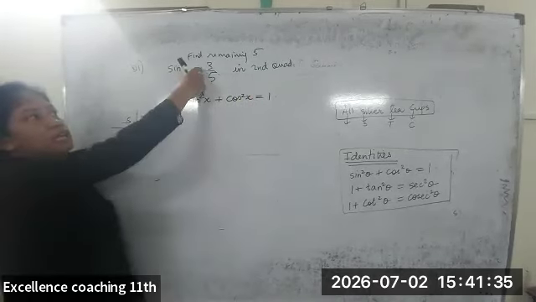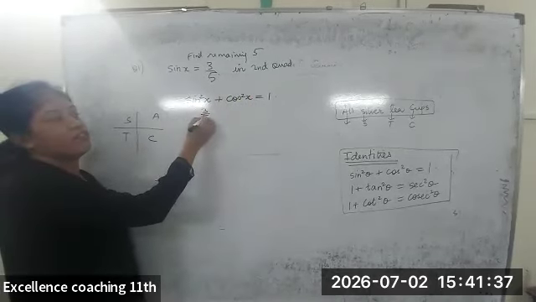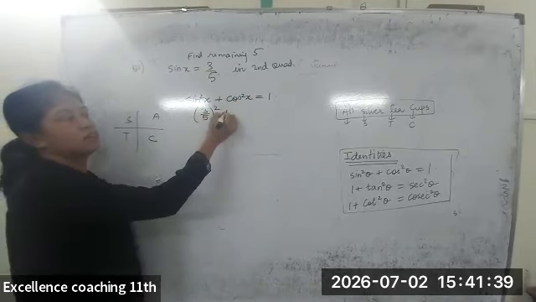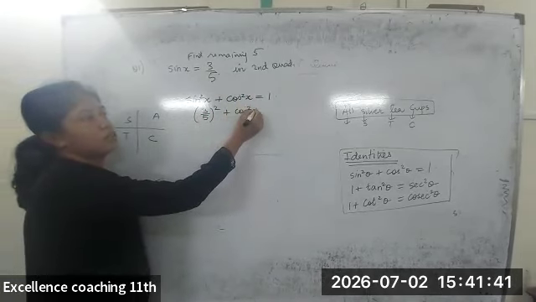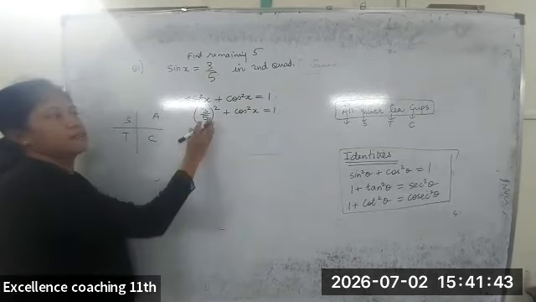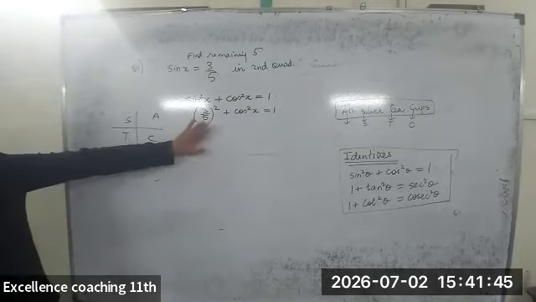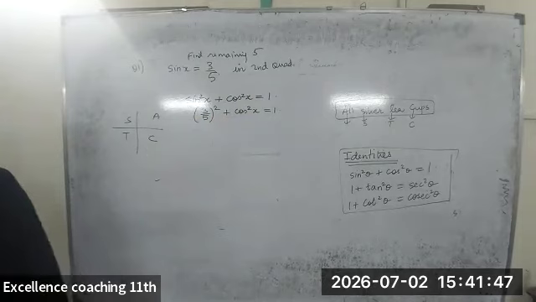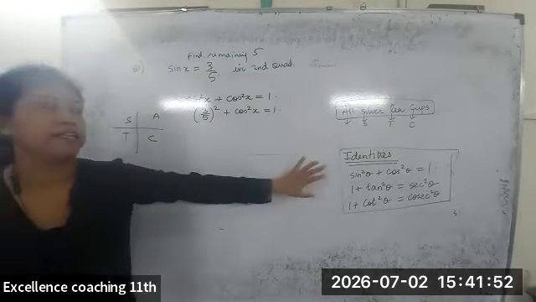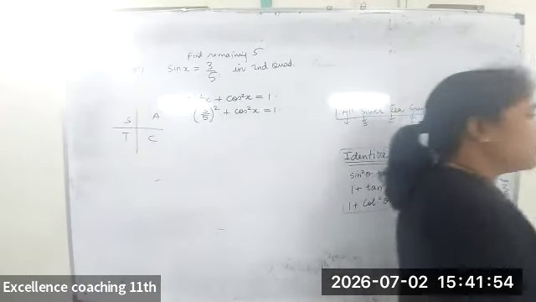Okay. So what is sin x given to us? Substitute 3 by 5 square is equal to cos square x. Now square this. Start solving. As you solve, you'll understand. Write the first identity. Both the ways we'll solve and keep.